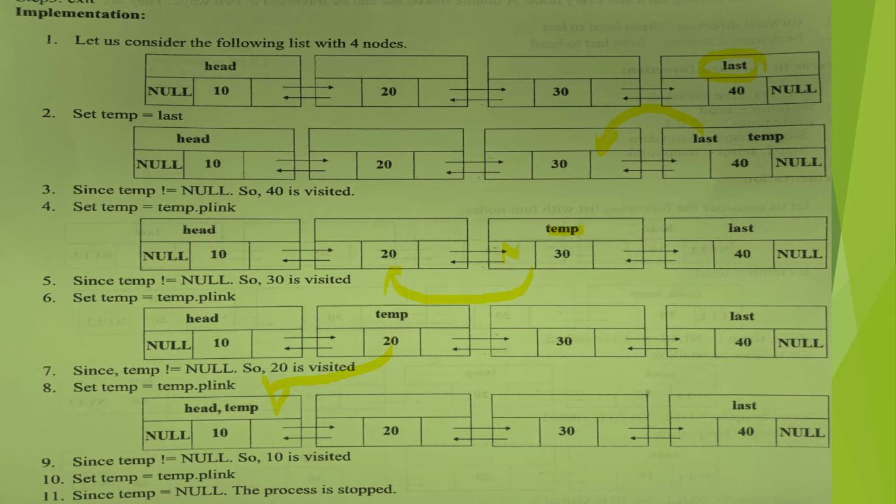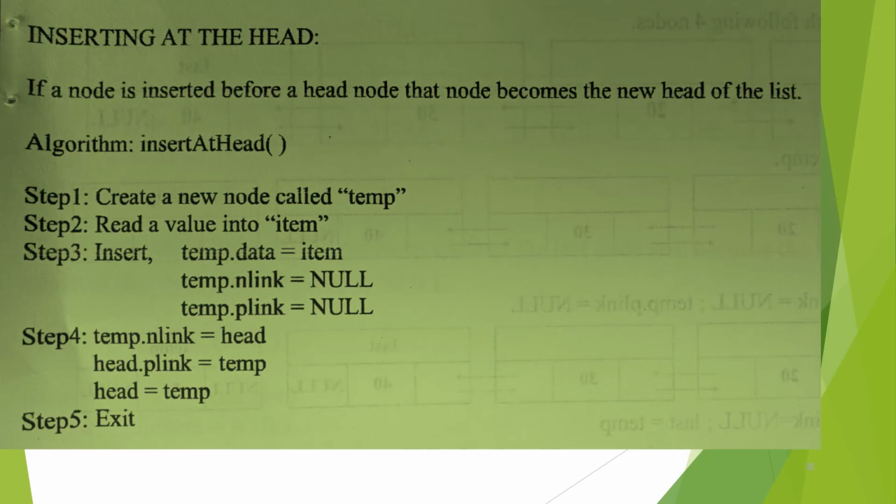In this way I have traversed all the elements in the double linked list in backward direction. This is the way we can traverse backward direction as well as forward direction in a double linked list. Next, inserting nodes or elements into the double linked list.